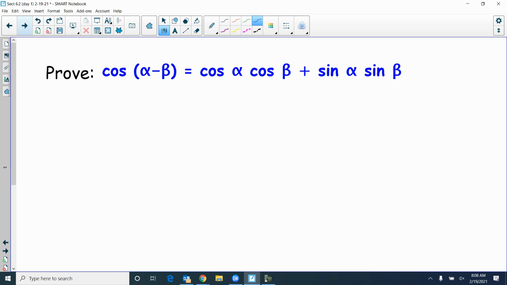Now, if you have your little identity sheet, we're now on the right-hand side. That's the very top one. And what we need to do is verify the ones below it. This is how it works. You can use any formula above it to help prove anything below it or anything to the left.